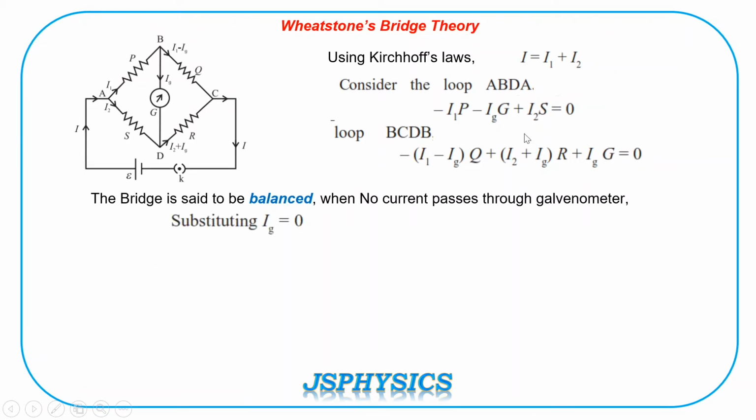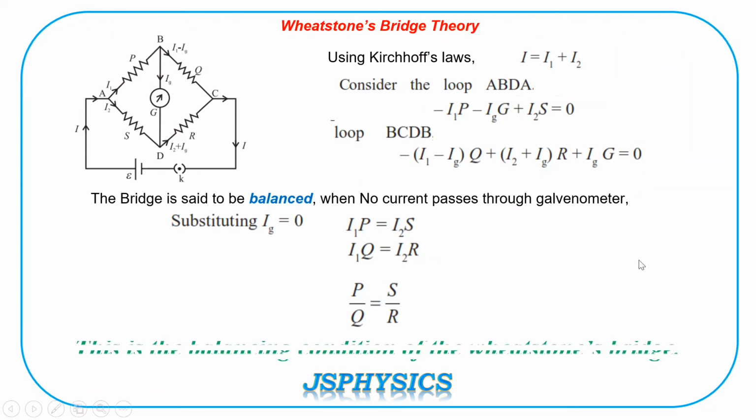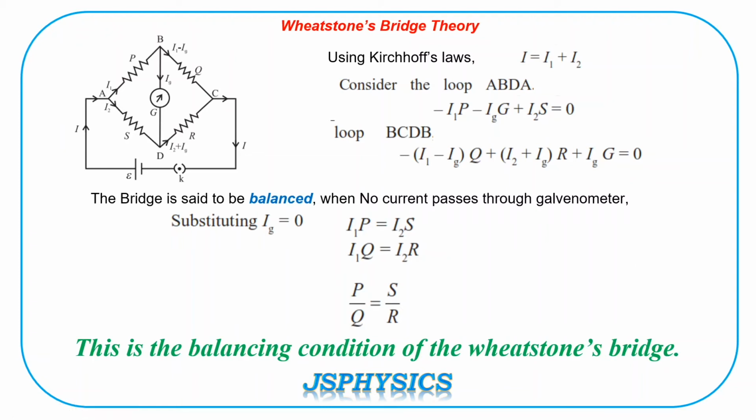So in both these two equations, I'll place the value of IG equal to 0 and I'll get I1 into P is equal to I2 into S. And from the second equation, I'll get I1 Q is equal to I2 into R. If I divide these two equations, I'll get P by Q is equal to S by R. That means the ratio of resistance P and Q is equal to the ratio of resistance S and R. And this is nothing but the balancing condition of the Wheatstone's bridge.